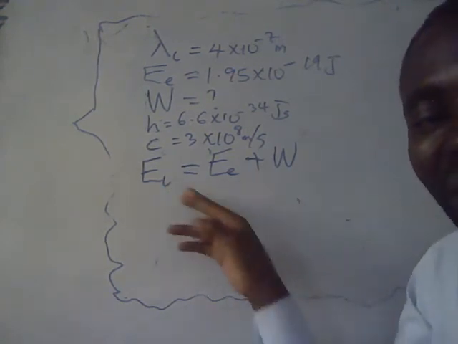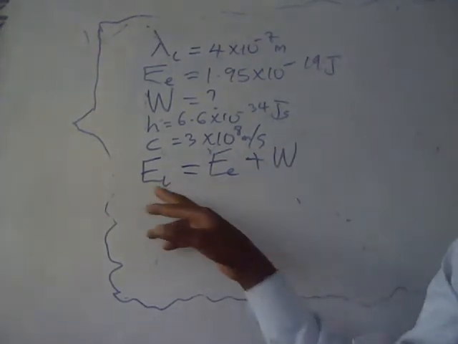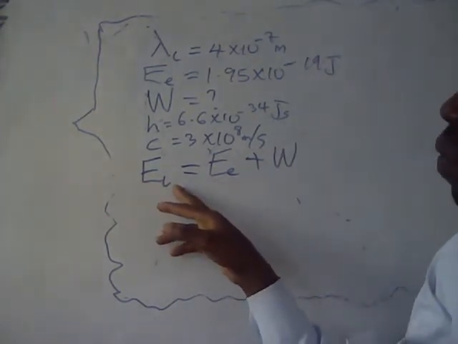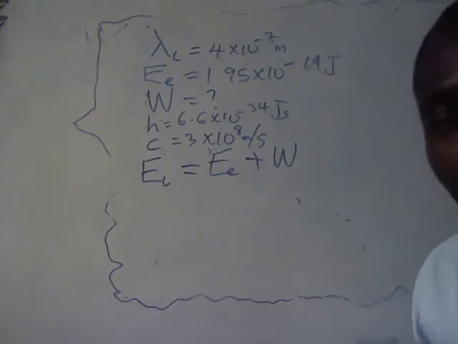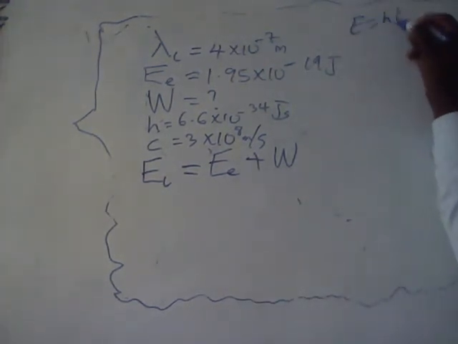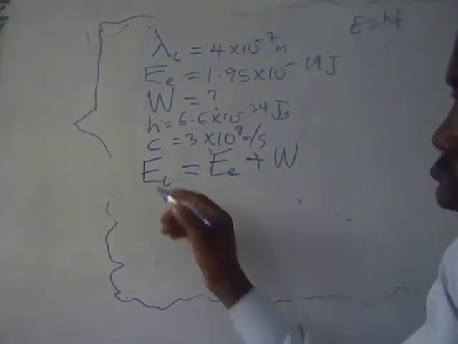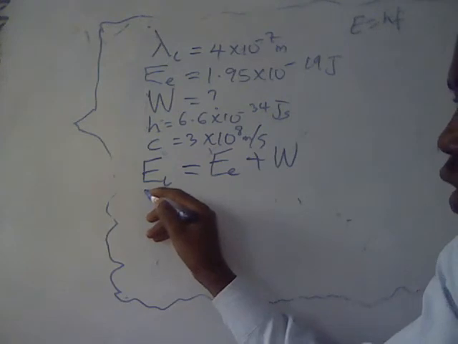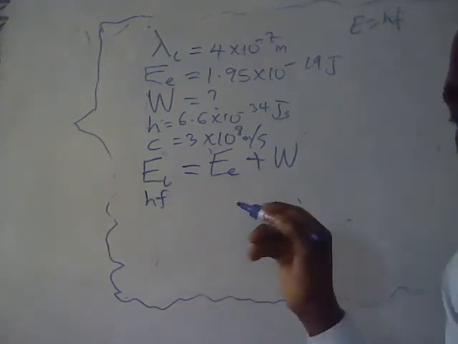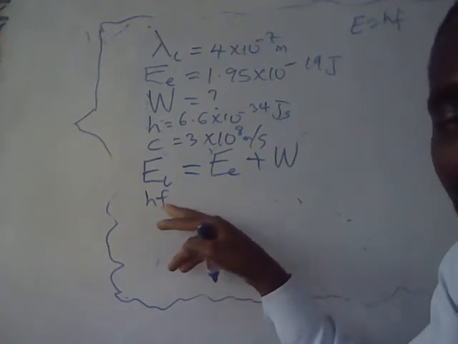Albert Einstein photoelectric equation. So normally we are not given the energy of the light. You can go back to the formula I've used, energy equals hf, generally. So for the energy of the light, we use hf. Okay, and we are not given the frequency of the light.